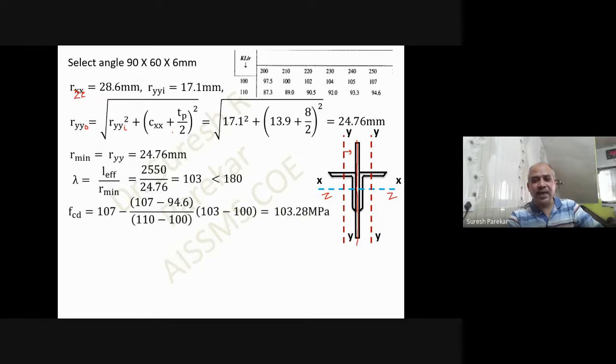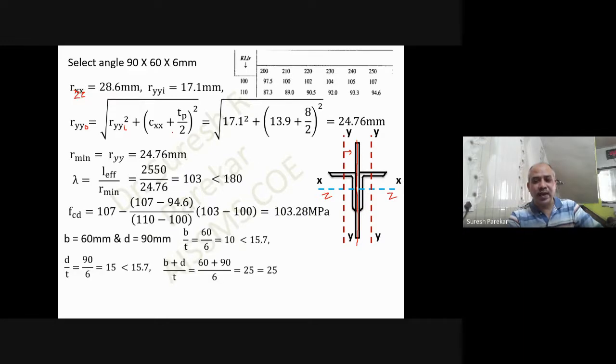Again, table C we have, and from this we are in a position to calculate the value of FCD. Knowing FCD, we will go for classification as per table 2 and decide our class, and we again get semi-compact, and Ae equals A equals 865 mm square.